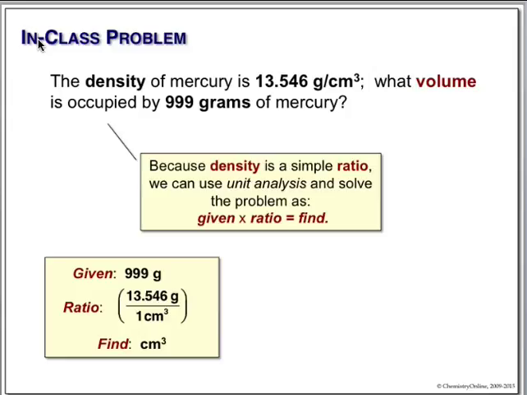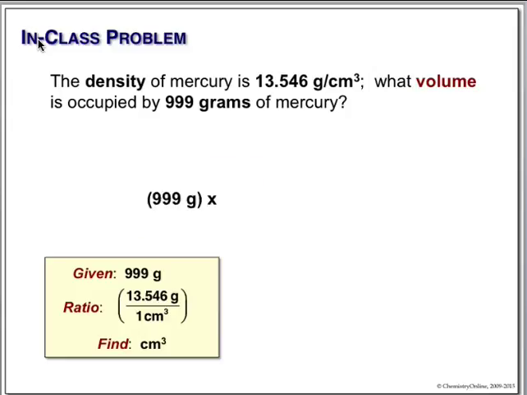Given always comes first. Our ratio comes next. But uh-oh, this isn't right, is it? Because the ratio must have grams in our denominator.